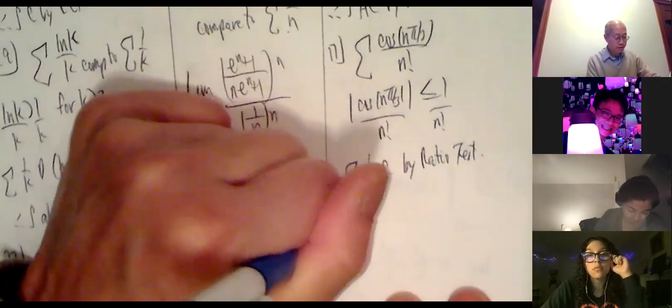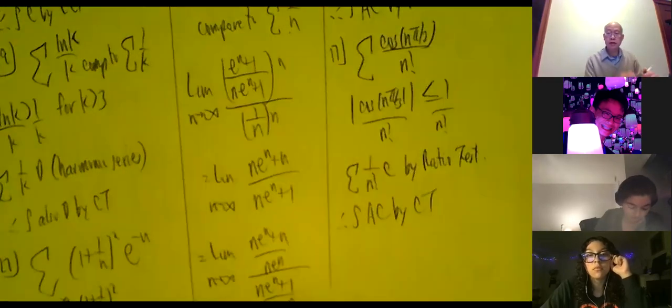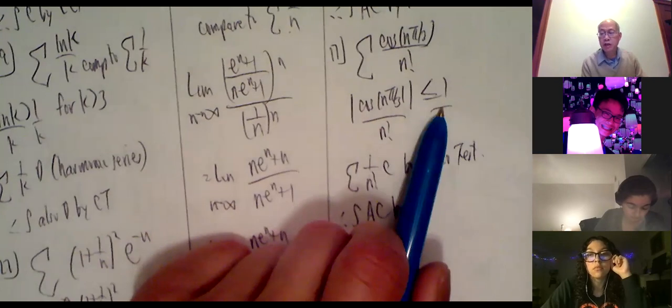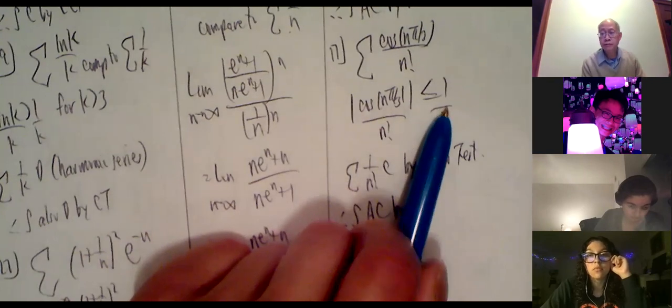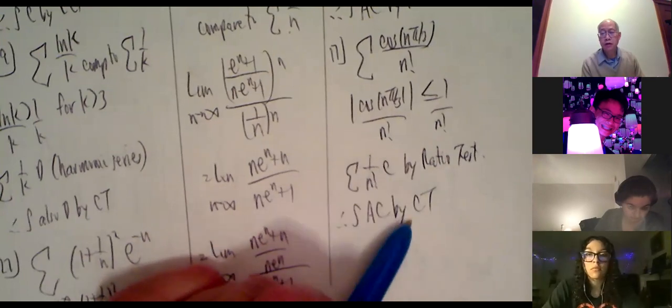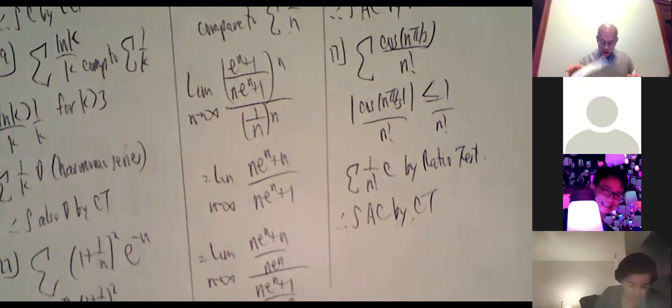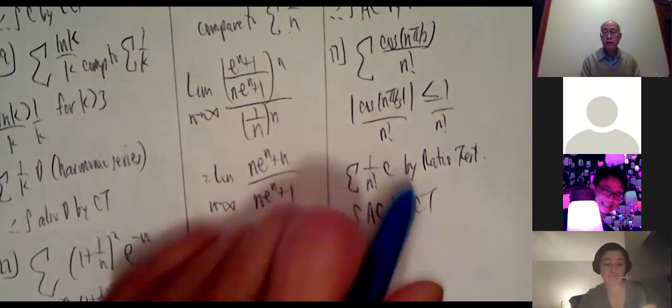But anyway, therefore, the series is absolutely convergent by the comparison test. Okay, so the bigger series converges. So this thing smaller also has to converge absolutely by the comparison test. Okay, so that's 17. My thing on that one was that you can do absolute convergence by the comparison test.